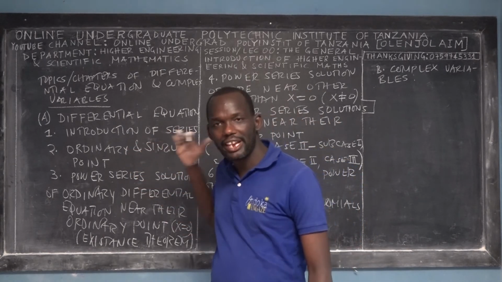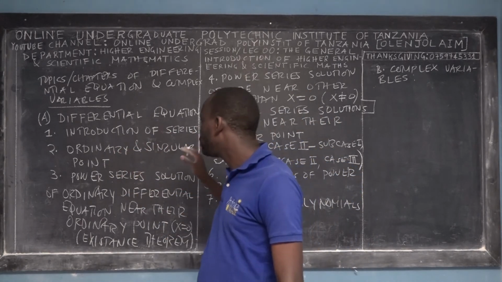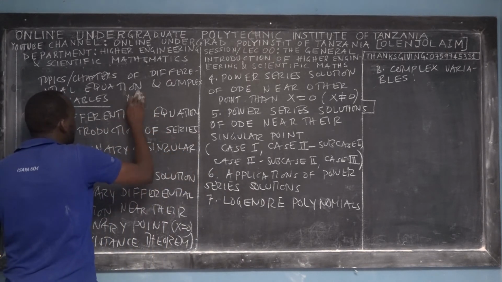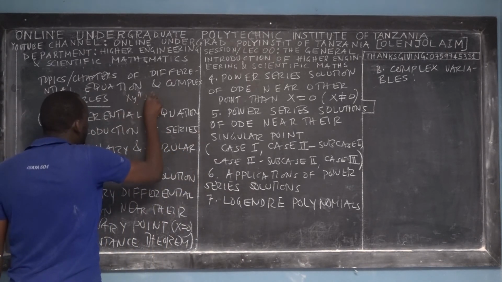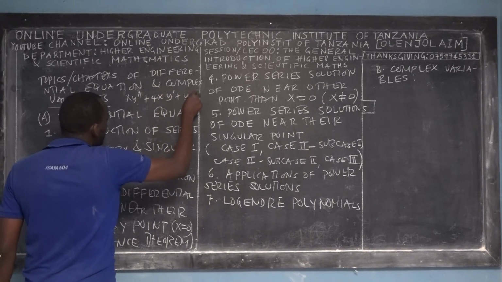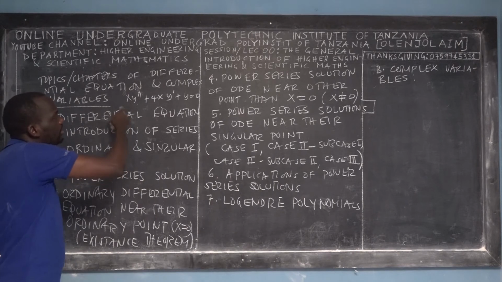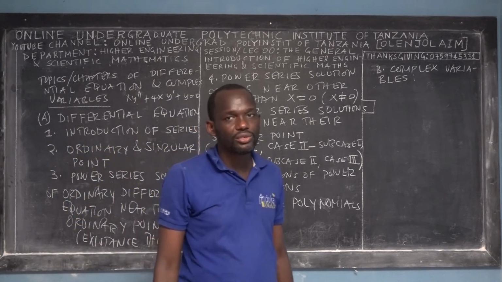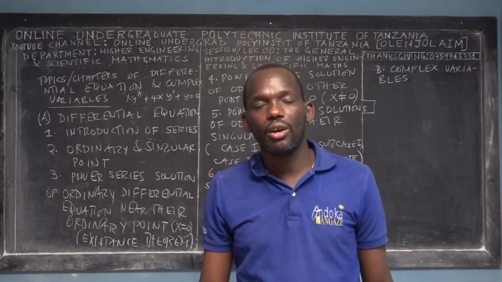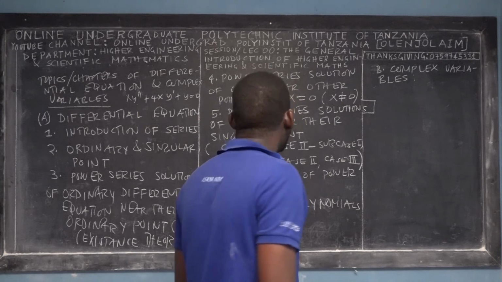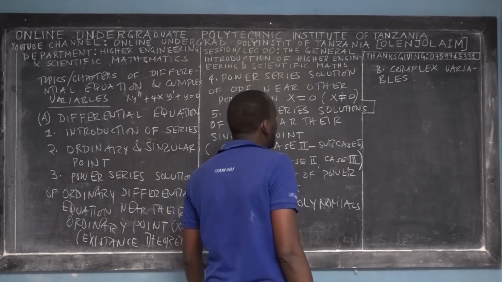While here, I'll be teaching you differential equations, for instance x y double dash plus 4x y single dash plus y is equal to 0. So you see, the coefficients of the derivatives of the differential equation are functions. They are no longer constant numbers.